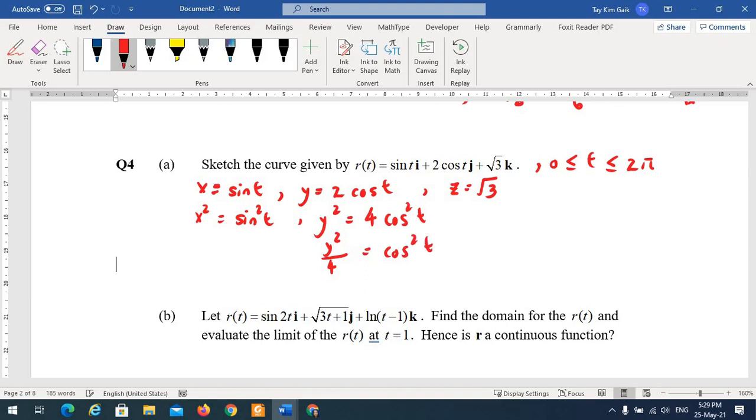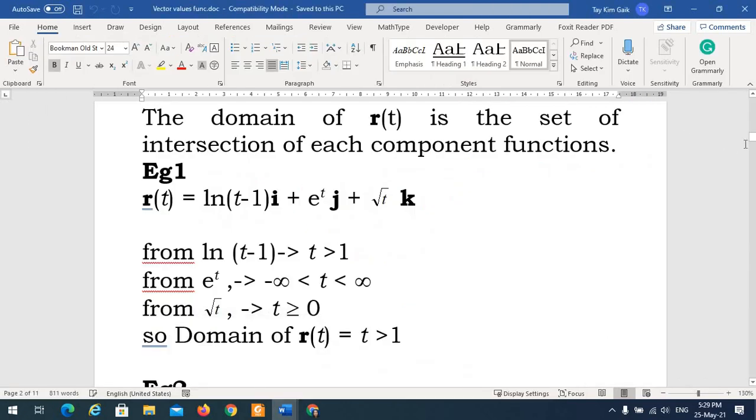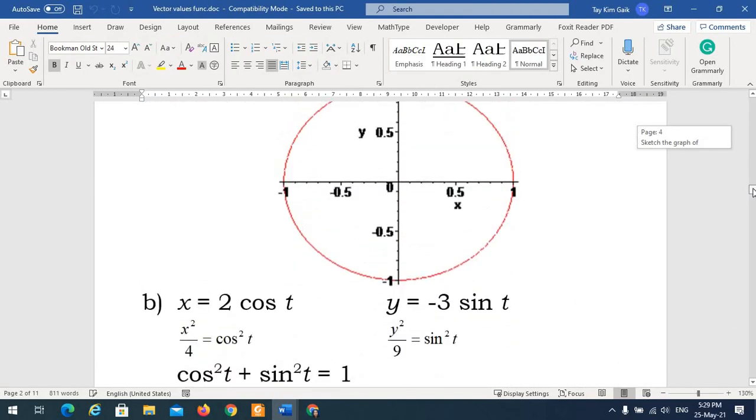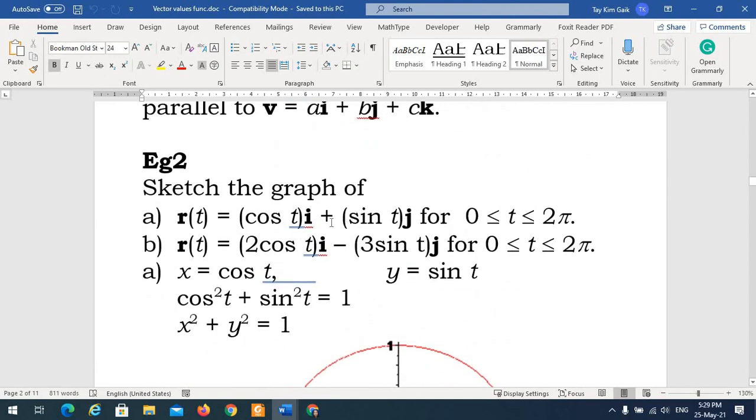Like yesterday, we have already mentioned the 3 examples. Example 2a is a circle. Example 2b is an ellipse, because the coefficients for cos t and sin t are different values, so you get an ellipse.